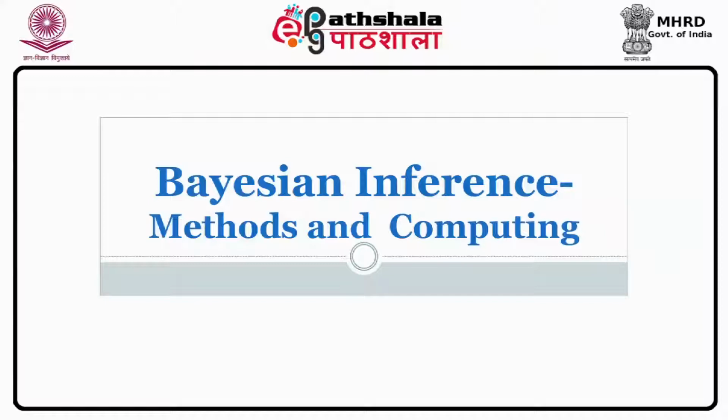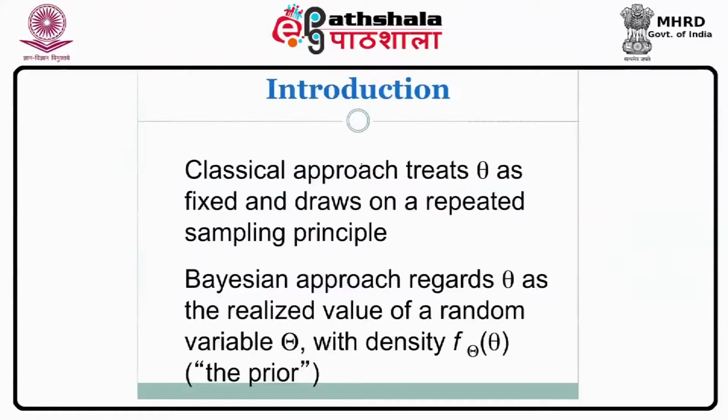Initially, let's try to differentiate what is Bayesian inference and what is Fisherian inference. The Fisherian approach, which we call the classical approach, and sometimes I may mention that it is a frequentist approach, treats the parameter of interest theta to be fixed and draws repeated samples using that fixed theta value.